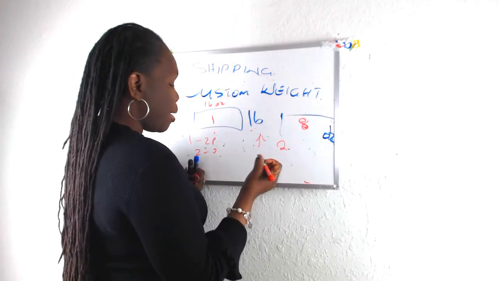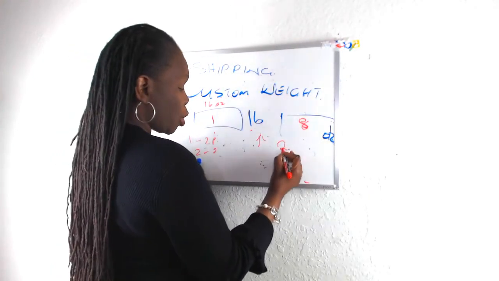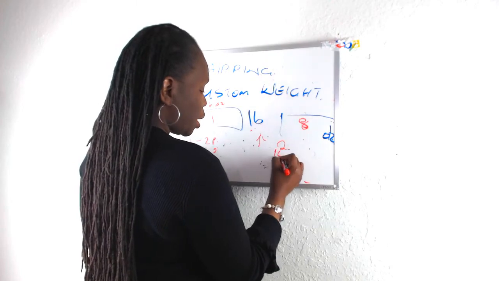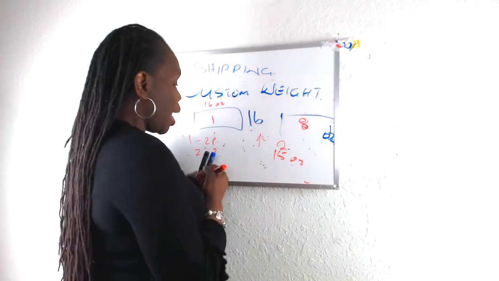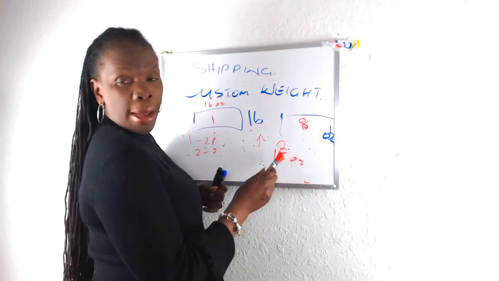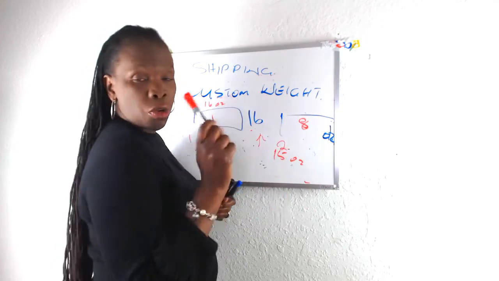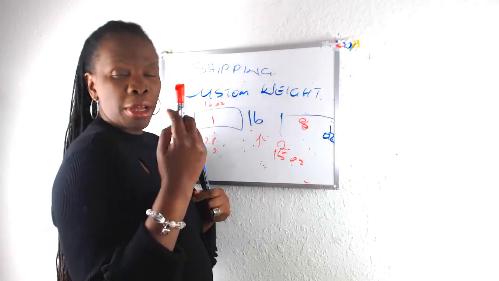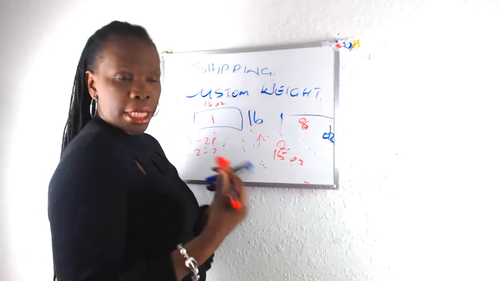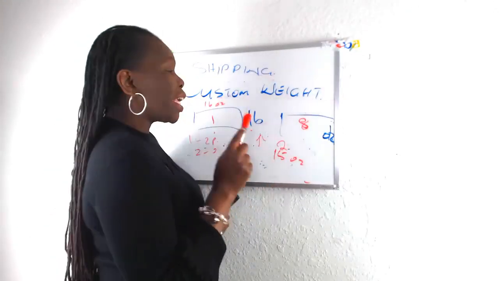Say an item weighs 15 ounces on its own, and you have not even put it in the packaging. What is highly recommended is, before you weigh your item, package it in the package that you are going to ship it in, and see what the actual weight is with the packaging.